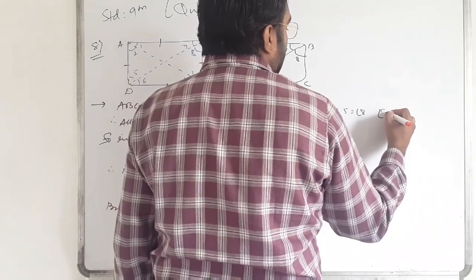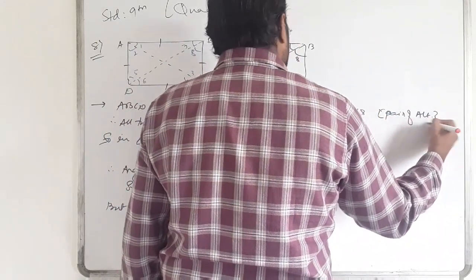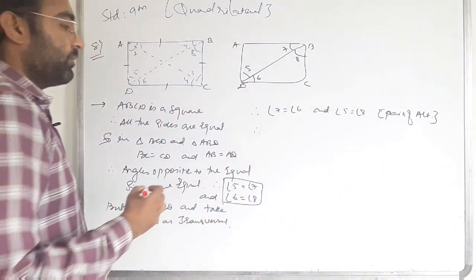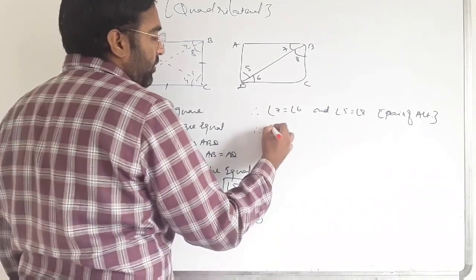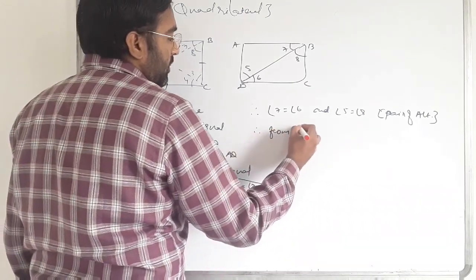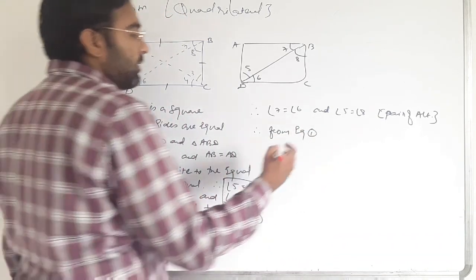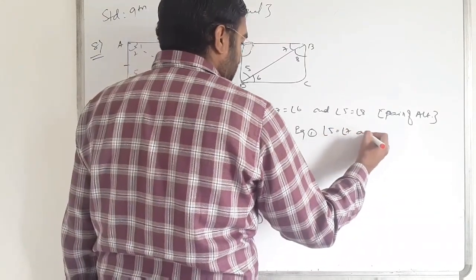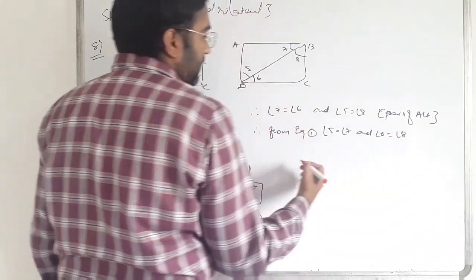Therefore we call this equation 1. From equation 1, angle 5 equal to angle 7 and angle 6 equal to angle 8.